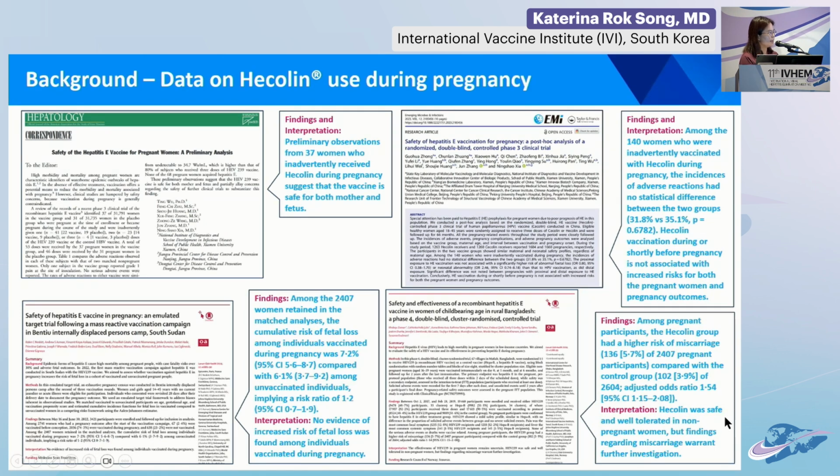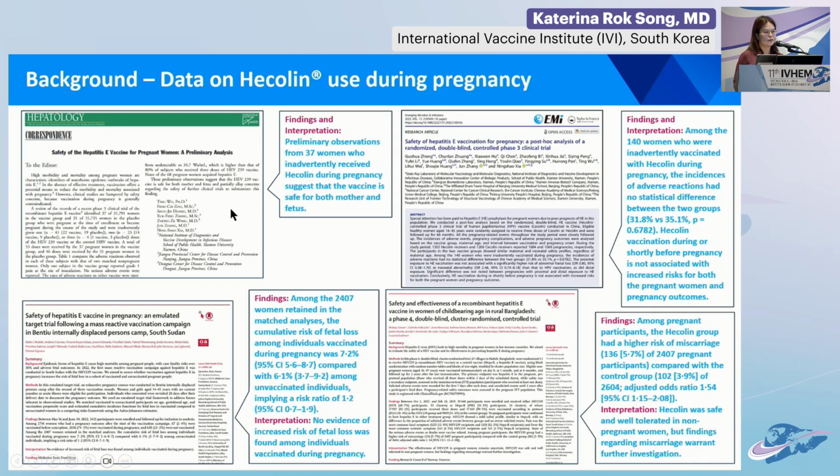For the existing evidence on Hecolin use during pregnancy, there are 2 study results from the manufacturer. One is from the Hecolin phase 3 clinical trial, where 37 women received the vaccine inadvertently.